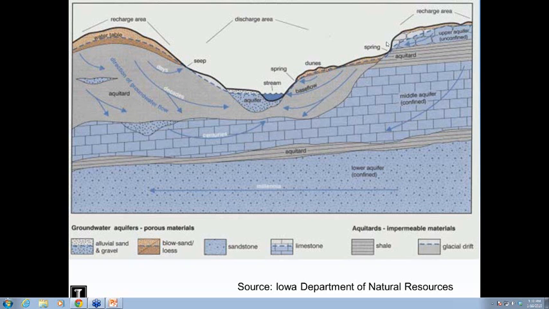So it's all based on topography and the way the glaciers, if there were glaciers in those areas, molded the topography. But basically, those are areas where groundwater comes to the surface.